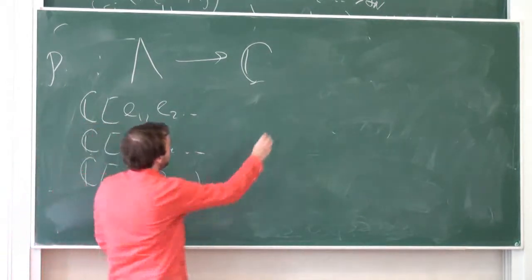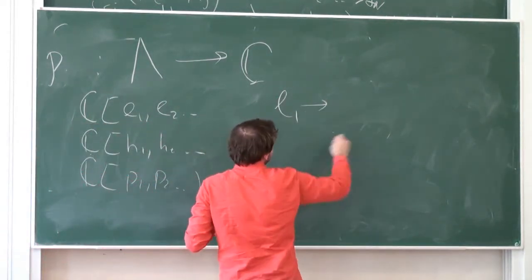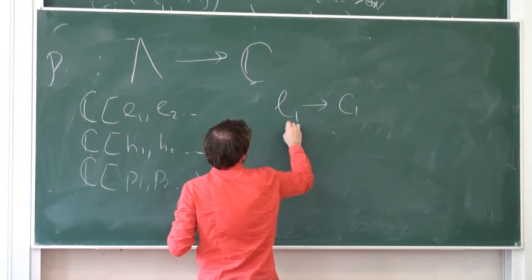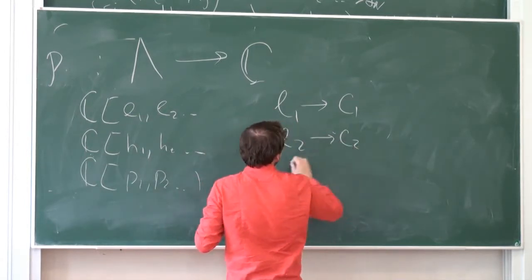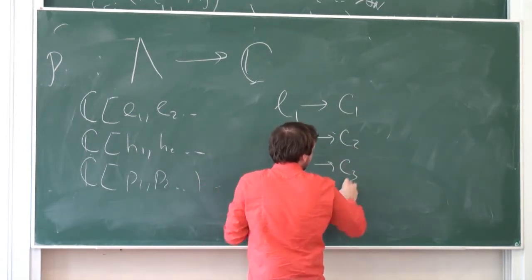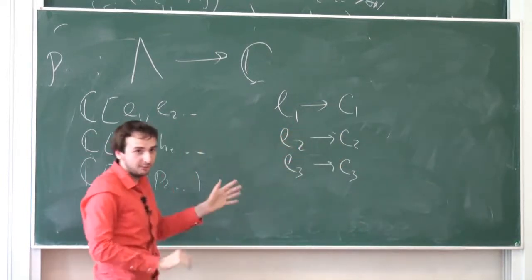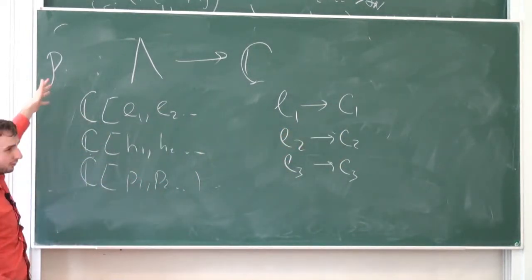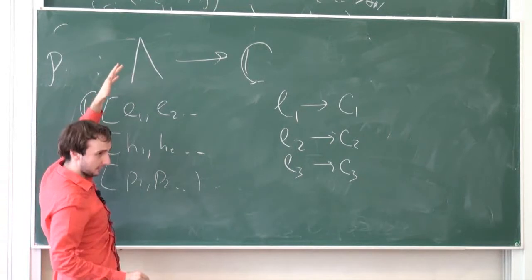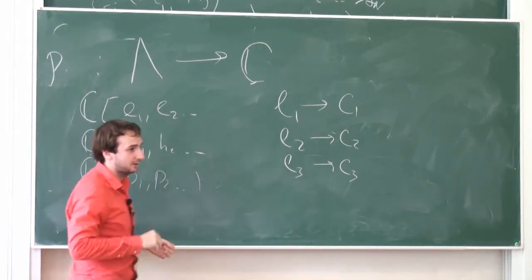So we can send e1 to an arbitrary element, some constant c1, e2 to some constant c2, e3 to some constant c3, and so on. These constants can be chosen arbitrarily, and we will get some homomorphism of lambda to the complex numbers.